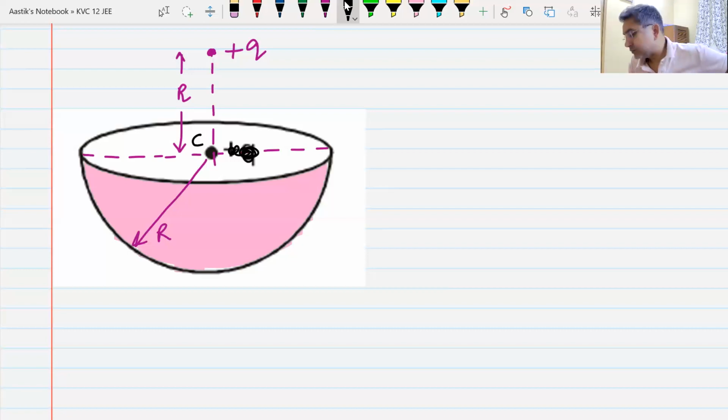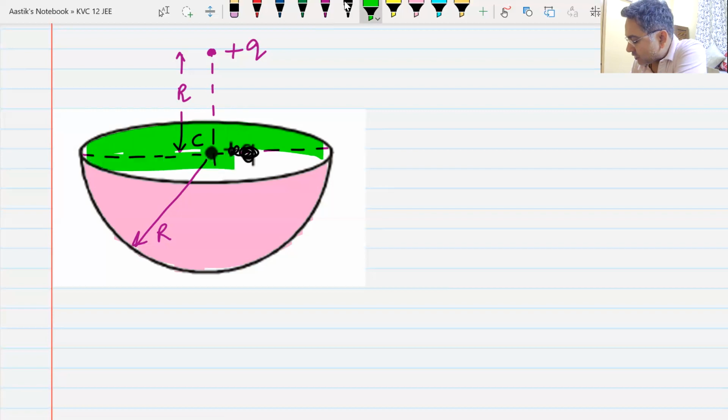Yes, sir. Okay, so how you do this is you again look at this green part. Now remember, there is no charge enclosed inside this hemisphere. It's completely blank.